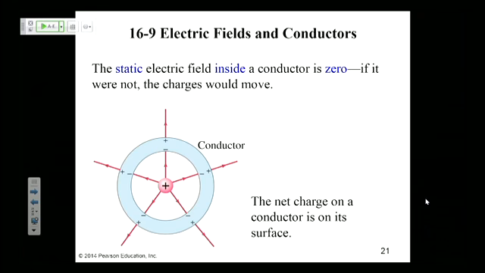As a result, negative charges will move opposite to the field, while positive charges will move parallel to the field. So, the total charge within the conductor remains constant, remains zero, remains neutral as it was at the beginning.